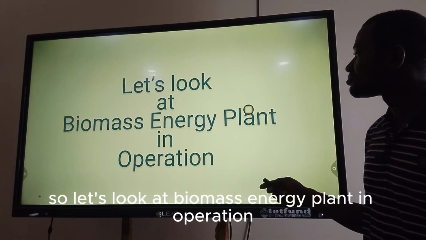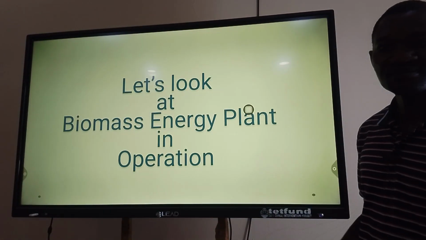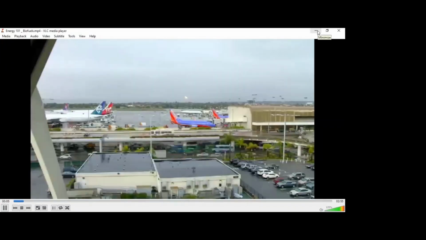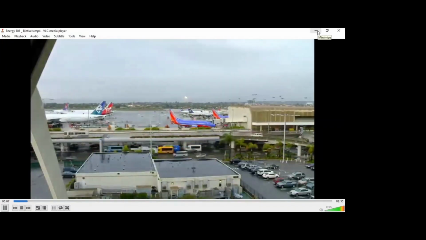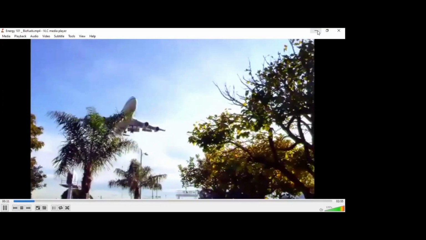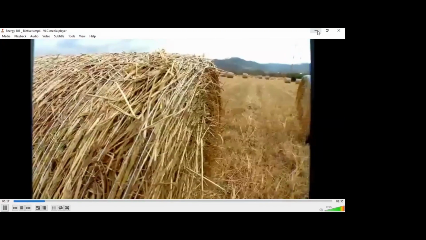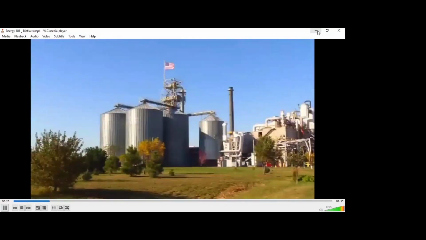So let's look at a biomass energy plant in operation. We all know that it takes a lot of fuel to keep our country running, right? Cars, trucks, planes, trains. What if we could develop a homegrown renewable source for those fuels? Well, good news. We already are.